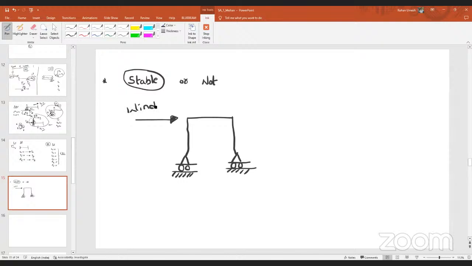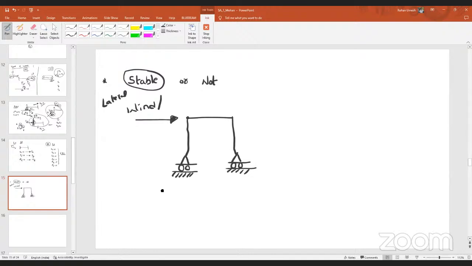If you are analyzing for wind loads or earthquake loads, all the lateral forces will act at the beam column joints. So here the beam column joint is here. Imagine that either wind load or simply a lateral load is acting.